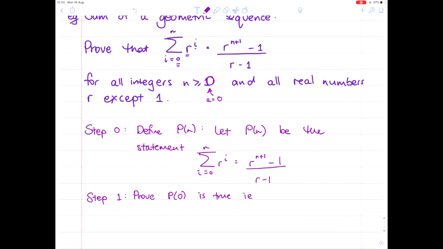That means we want to show that the sum from i equals 0 to 0, because we're doing the case n equals 0, is equal to r to the 0 plus 1 minus 1 over r minus 1.